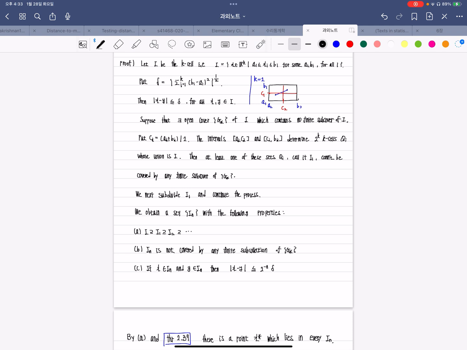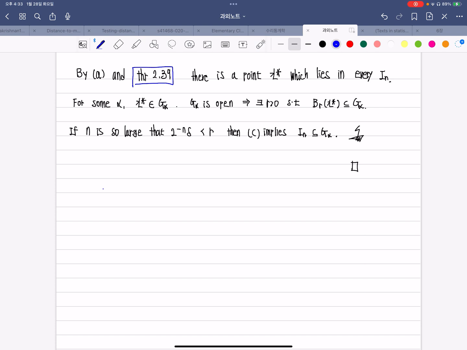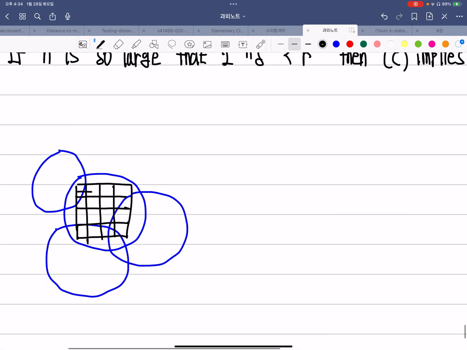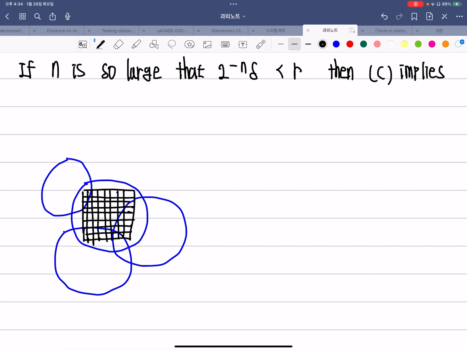So by subdividing the k-cell, we can put each I_n in one G alpha.